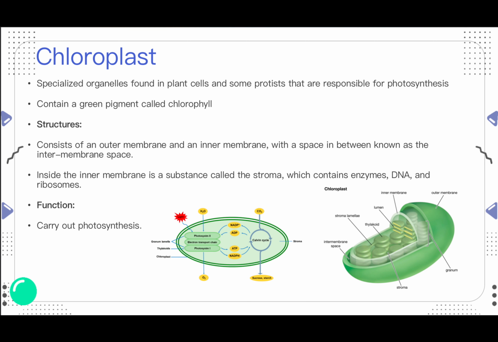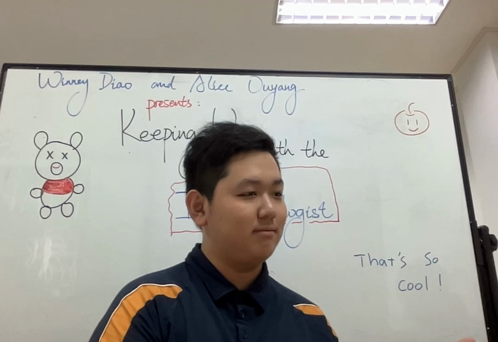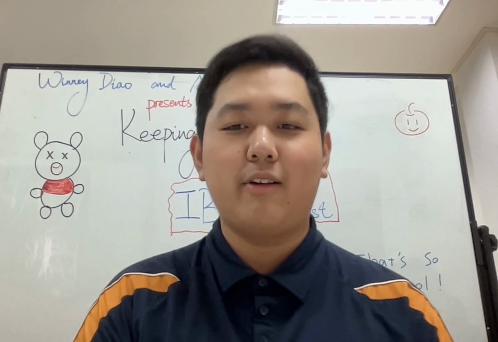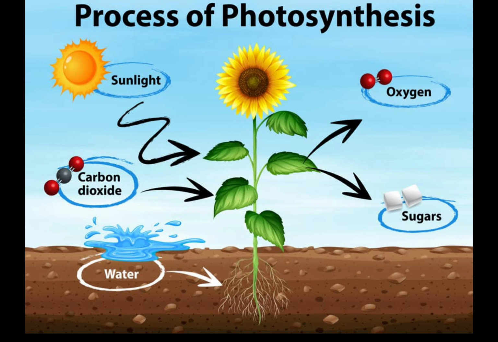Chloroplasts are specialized organelles found in plant cells and some protists that are responsible for photosynthesis. What is photosynthesis anyways? So photosynthesis is the process by which plants, only plants, and some others, but not animals, convert sunlight into chemical energy.